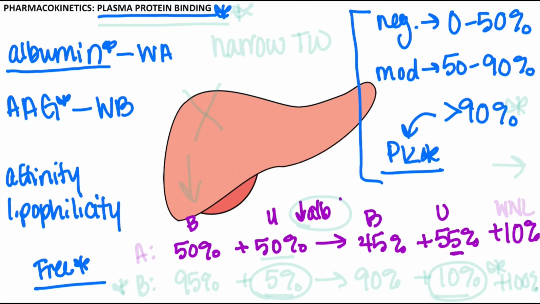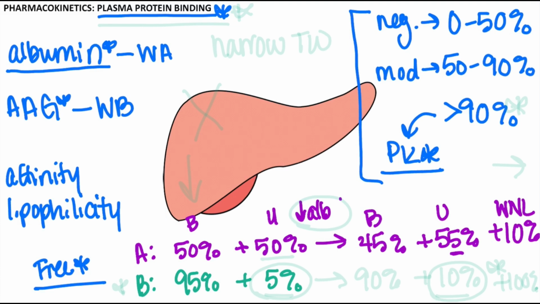And a 10% increase really isn't much and is probably not going to lead to an increase in drug concentration to the level to trigger toxic effects, and will likely be within normal limits. Now let's compare this with drug B, which is 95% bound to plasma protein albumin, and only 5% of drug is actually unbound and free and able to elicit effects.